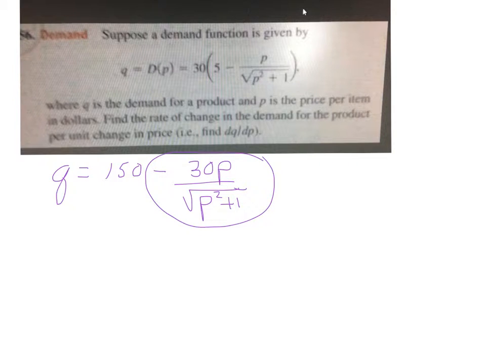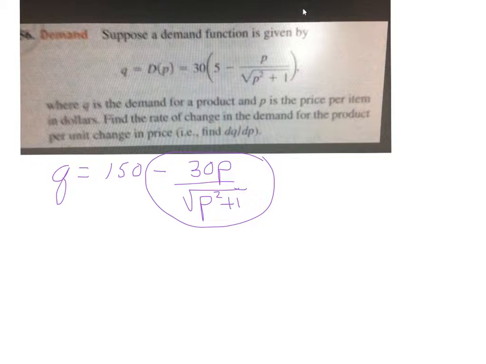And we would have to put the limit as h approaches 0 of the p plus h in there. And that's why I'm saying that it's going to become a little more difficult, because it's got a lot of algebra involved in it.